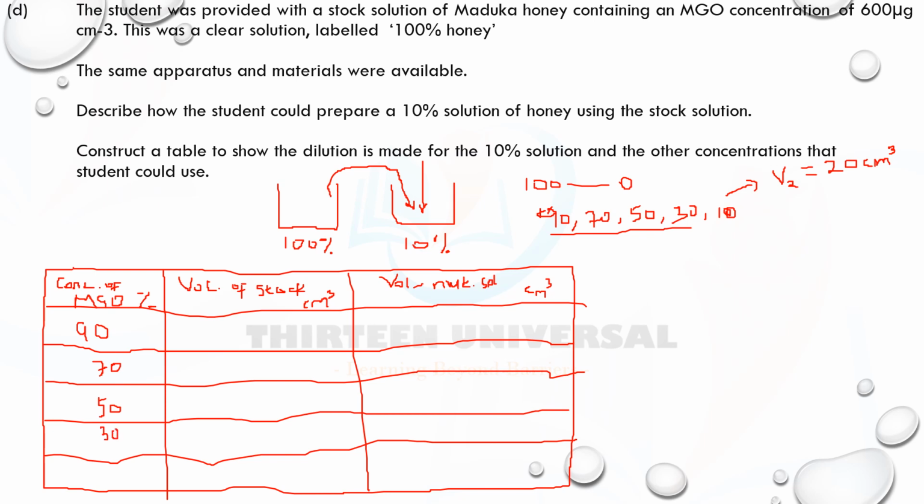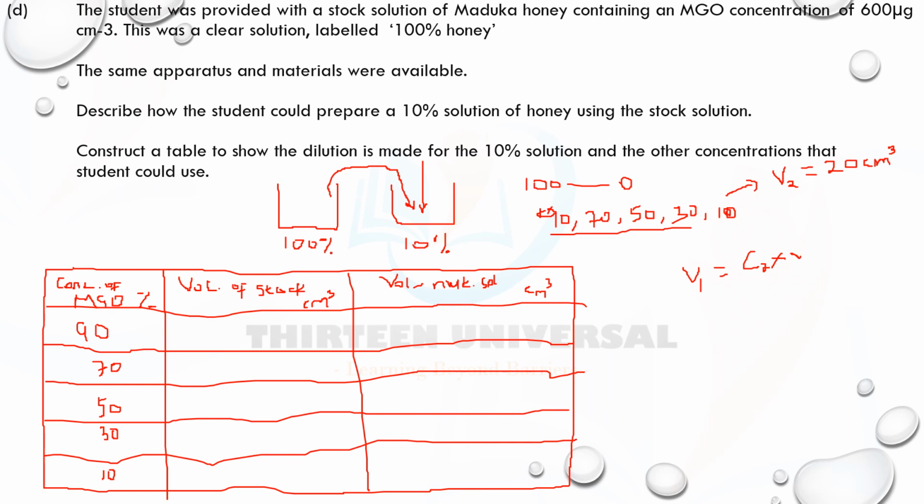So just 5, but the interval must be the same. Now remember that all we need to get is V1 for each. V1 is volume of stock for each, and from the dilution formula, V1 is final concentration, which is each of them, times final volume.